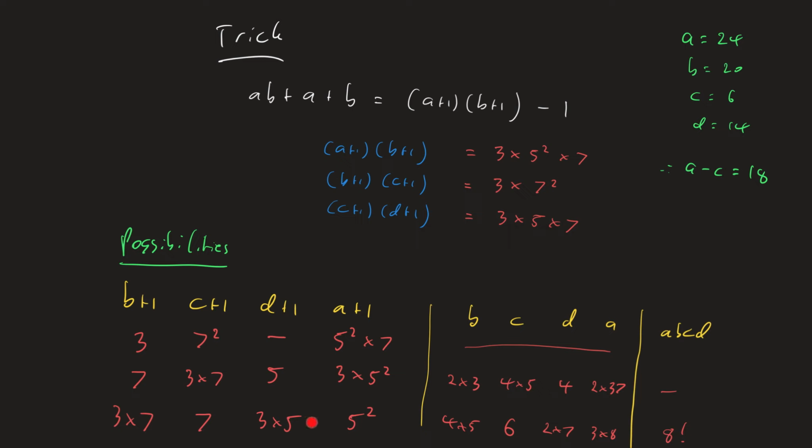Therefore, this last possibility is the only way for A, B, C, D to satisfy all the constraints of the problem, leading to A being equal to 24, B being equal to 20, C being equal to 6, and D being equal to 14, as listed here. Therefore, we read off that A minus C is equal to 18.